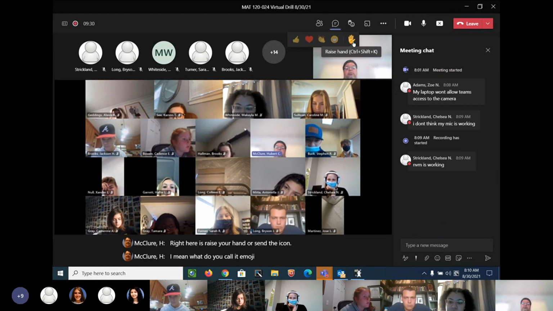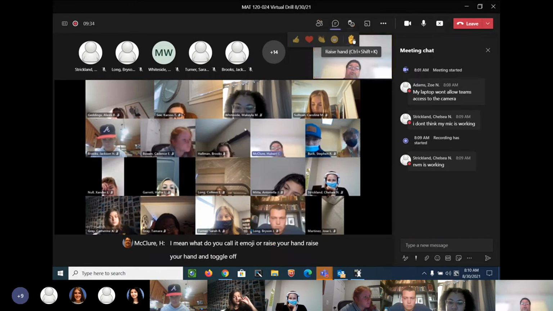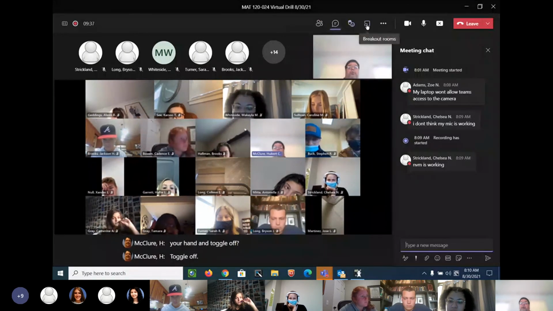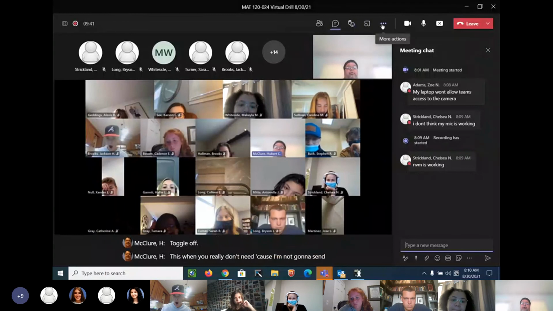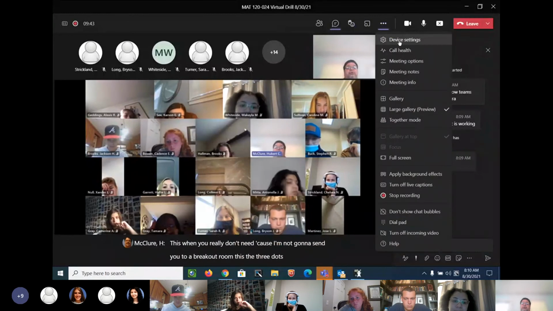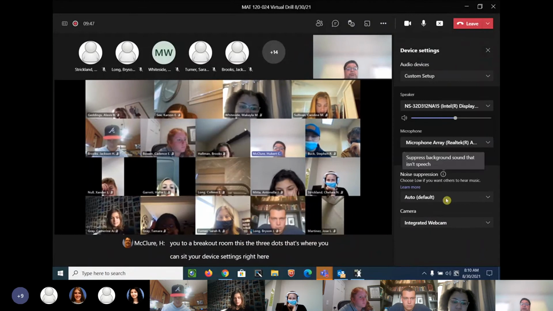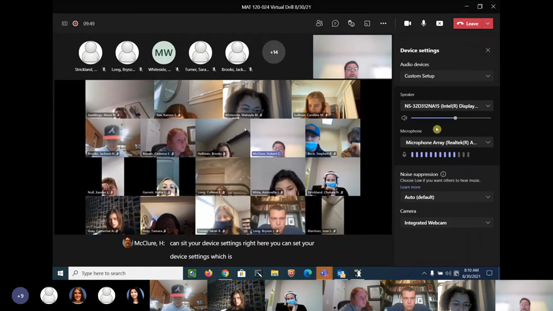Or raise your hand. Raise your hand is toggle on, toggle off. This one you really don't need because I'm not going to send you to a breakout room. The three dots, that's where you can set your device settings, which is usually where you have the problem with the microphone and the video.